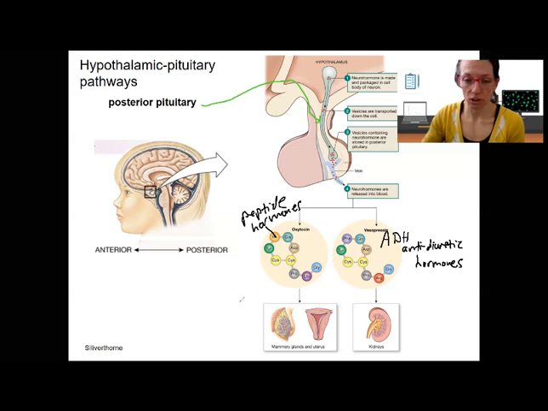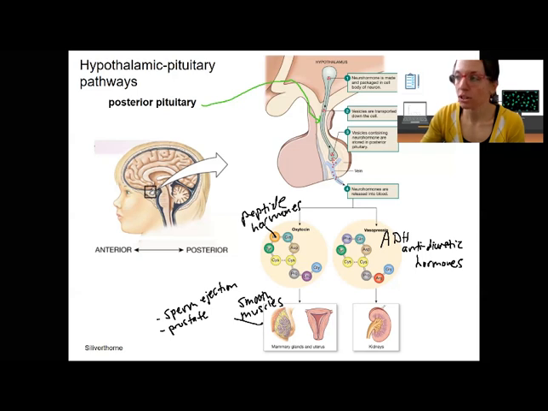So it's going to act on the smooth muscles in these two target organs to cause contraction. It's also involved in sperm ejection during ejaculation, and plays some role in the prostate. So it does have roles in males as well.